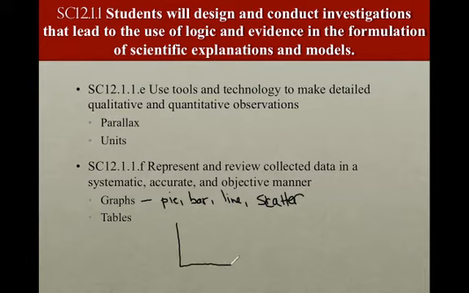Remember, line graphs, you would want force. Let me think. You would want the independent variable on the y-axis and the dependent on the x-axis.